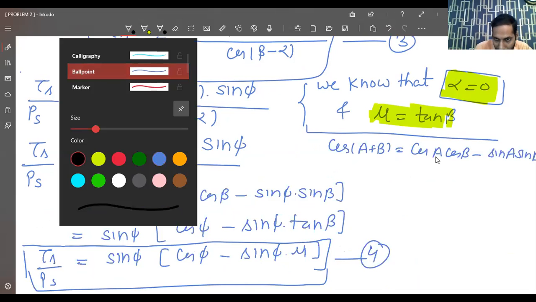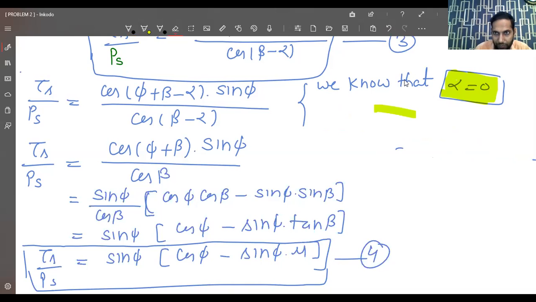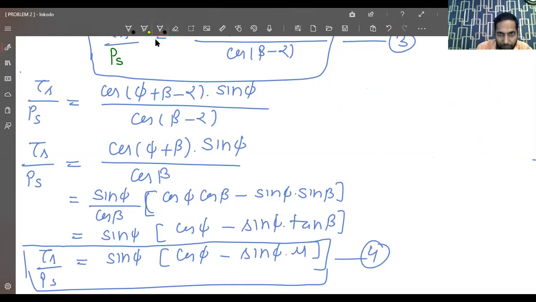Okay, so now the first thing I'm going to erase. So from here I'm going to here.